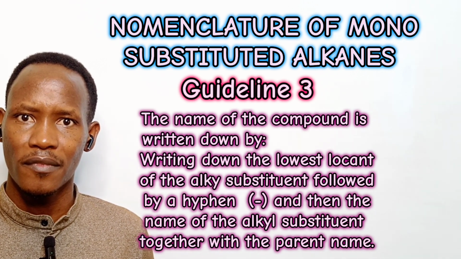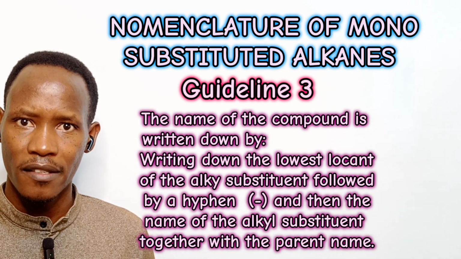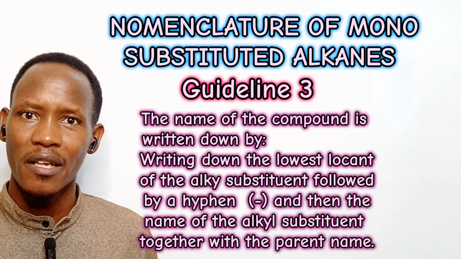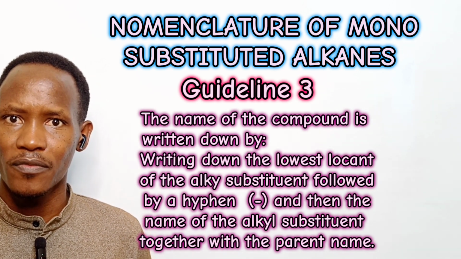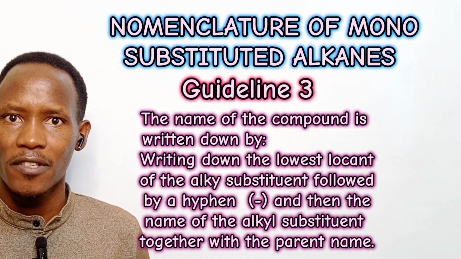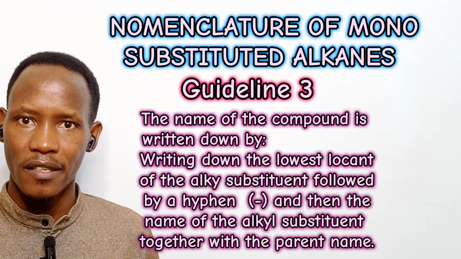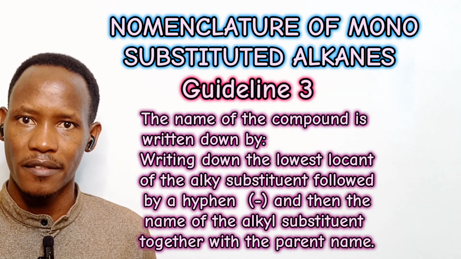The parent name is the name of the alkane that corresponds to the parent chain. This was determined in our first rule, and the parent name is pentane.